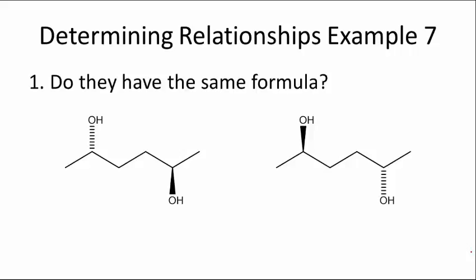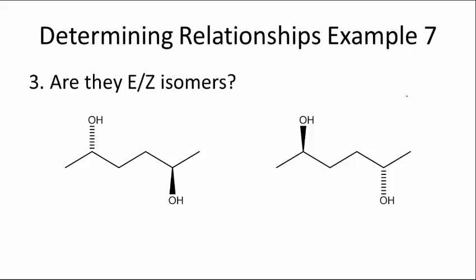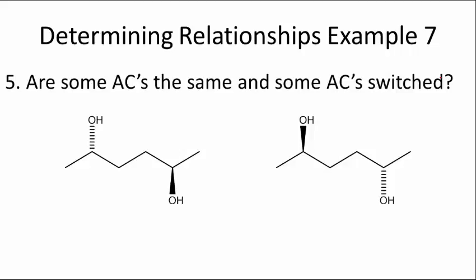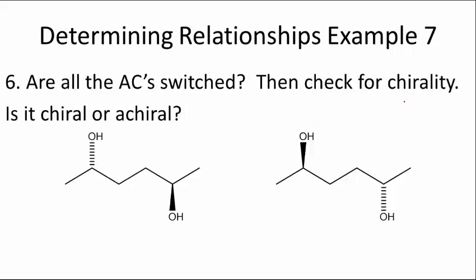All right. So I take these two. Yes, they have the same formula. Yes, they have the same connectivity. No, they're not E/Z isomers. Are all the asymmetric carbons the same? No. I have a dash on the left and a wedge on the right. No, they're all switched. They're not some same and some switched.